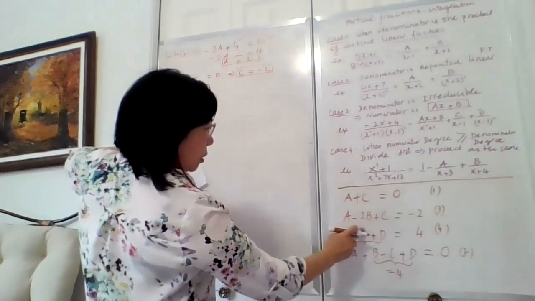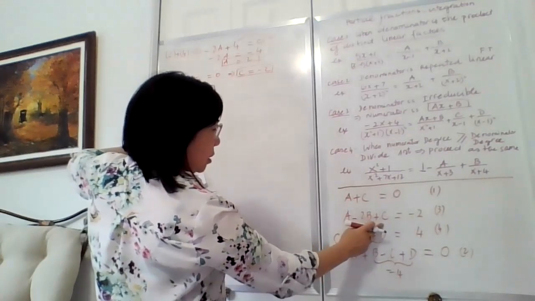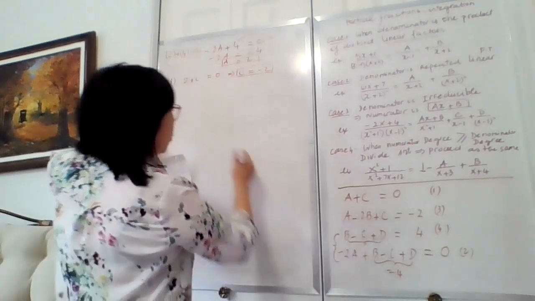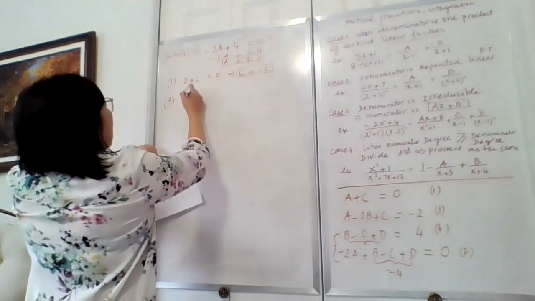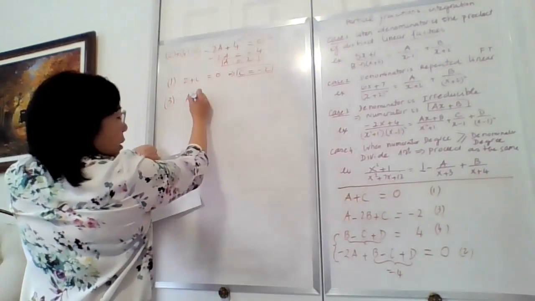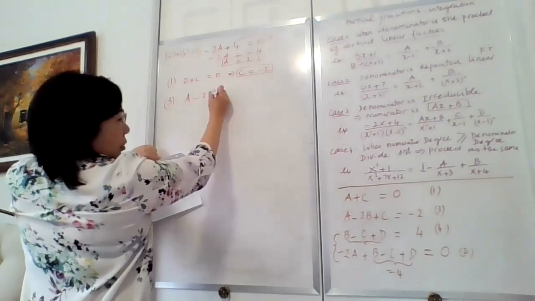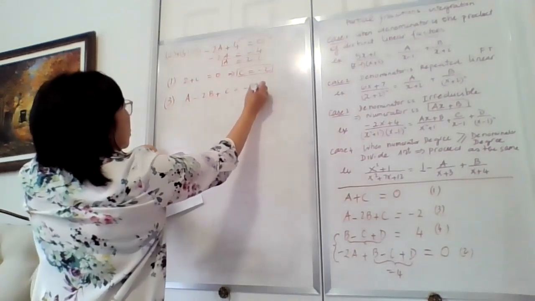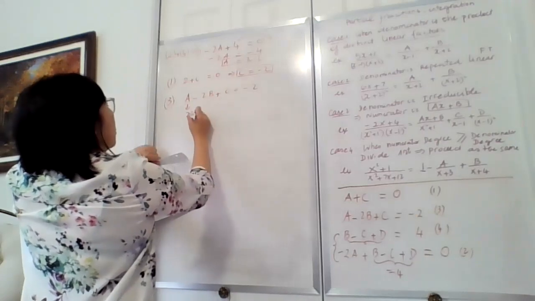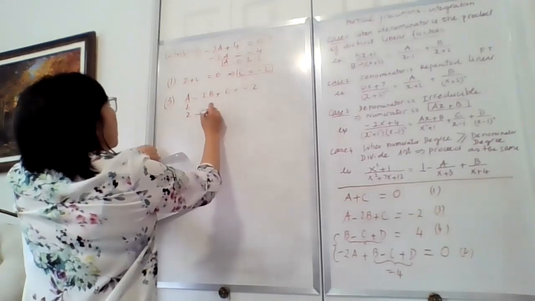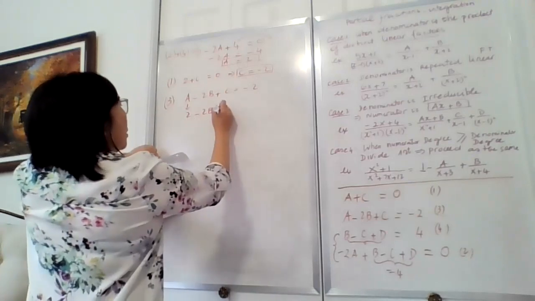Okay, so now we know A, we know C. Let's use equation 3. From the third equation, let me write down: A minus 2B plus c equals minus 2. Now, a will be substituted by 2, we know a equals 2. Minus 2b, just 2b, we don't know b.